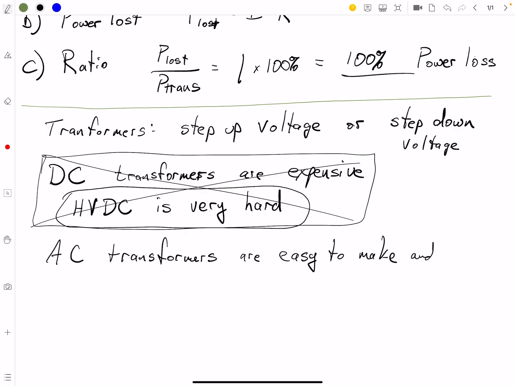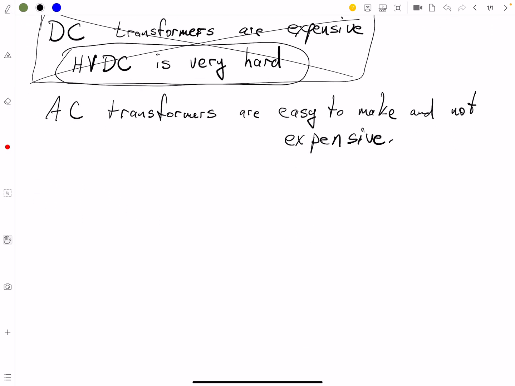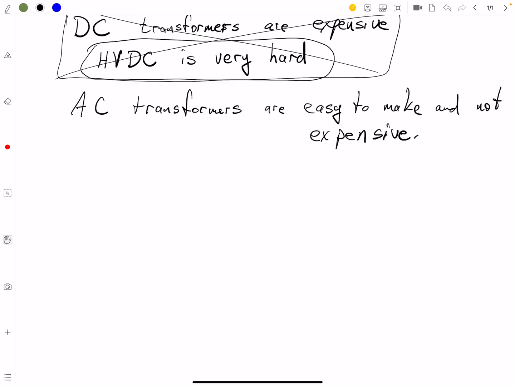Not expensive. So that's basically the whole reason why we do it. Yeah, I don't even want to go into what it requires to do DC. That's too much. We'll just leave it at AC is the way to go when we want to transmit large amounts of power.